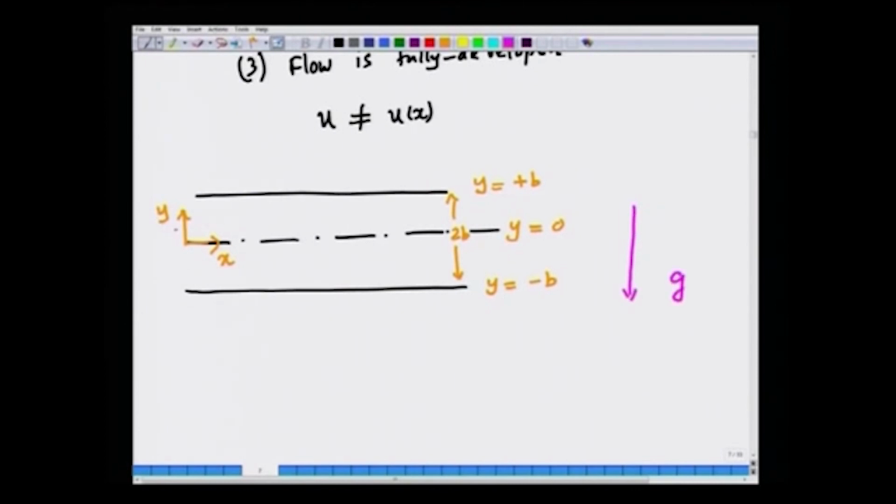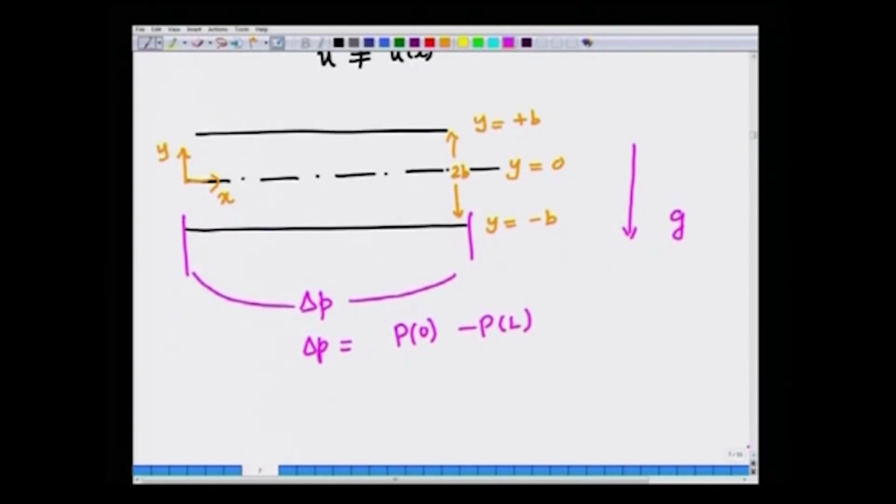The reason why fluid is flowing is because of a pressure difference. There is a pressure drop. Okay. Delta P is the pressure at 0 minus the pressure at L. Okay, that is the pressure drop, and L is in general the length of the channel.